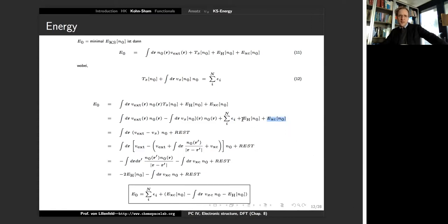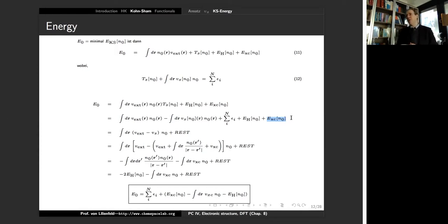So you also have to calculate the eigenvalues, and once more the Hartree energy and the exchange correlation energy. Now you have minus 2 times Hartree plus 1 Hartree gives you only minus 1 Hartree. Then you have the energy of the exchange correlation potential, this is small v. You also have the energy of the exchange correlation, right? These two are not the same. Actually, when we discussed the virial theorem, we mentioned this.